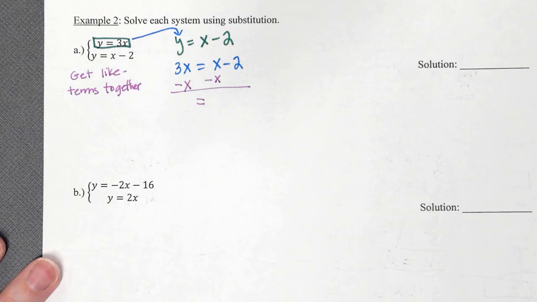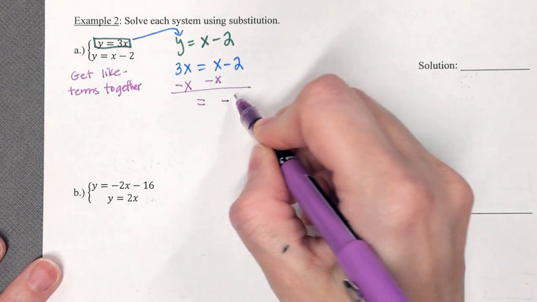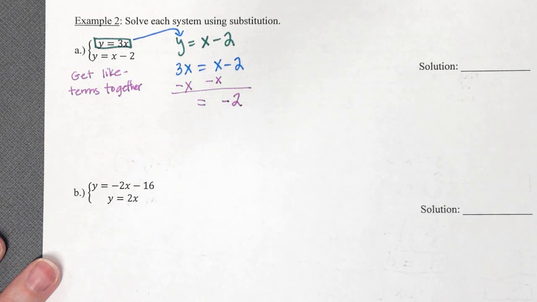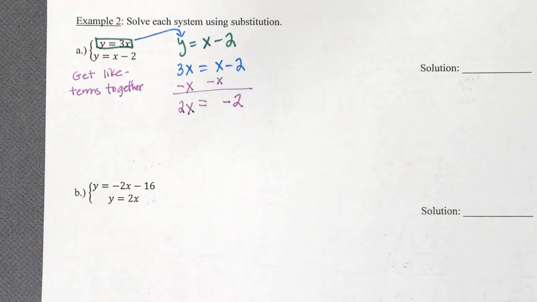Okay, so make sure you write this down with me if you haven't yet. And x minus x is just going to be 0. So the only thing you're going to be left with on this side is negative 2. And then 3x minus x is 2x.